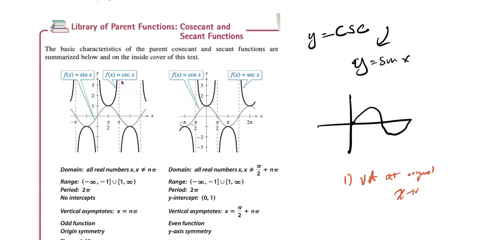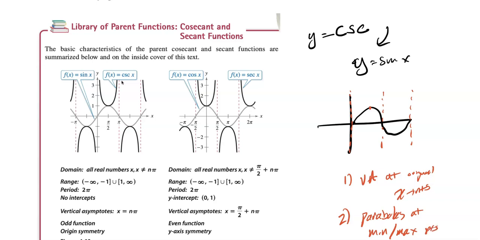I put original x-intercepts here because sometimes you move the graph up and down. You might vertical shift it, but you put asymptotes here, here, and here. And then 2, you add parabolas at the min and max points.